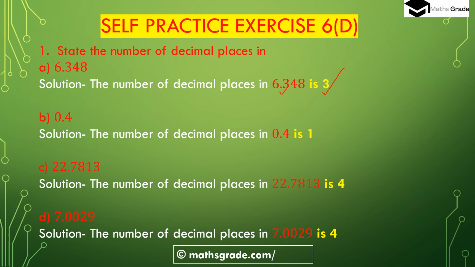B. 0.4. The number of decimal places in 0.4 is, after the decimal point only one digit, 4, is there. So the number of decimal places in 0.4 is 1. C. 22.7813. The number of decimal places in 22.7813 is, after the decimal point there are 4 digits: 7, 8, 1 and 3.